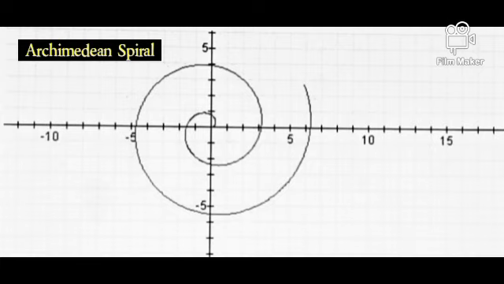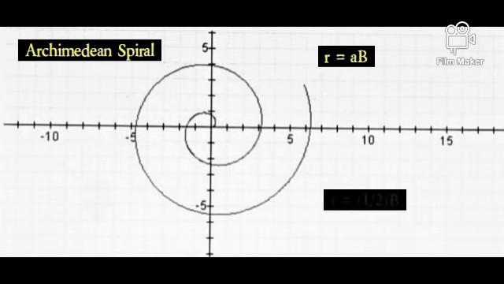In general, the polar equation of an Archimedean spiral is r equals a times b, where b is the angular coordinate of a point on the graph and r is the radial coordinate. And the angle b must be in radians and a is a real number.